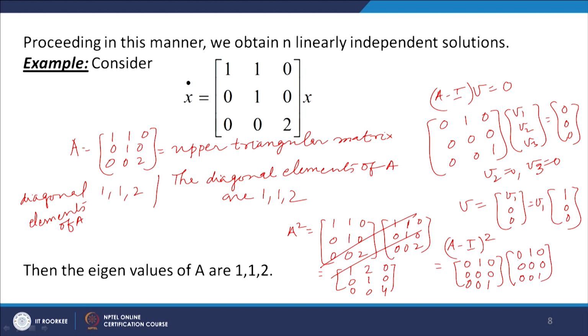So, let us see what it is. First column is 0 0 0, when you multiply all the rows here. Then 1 0 0 you multiply, that gives 0 here, 0 here, and 0 here, and 0 0 1 you multiply, you get 0, 0, and 1. So, we get this matrix.